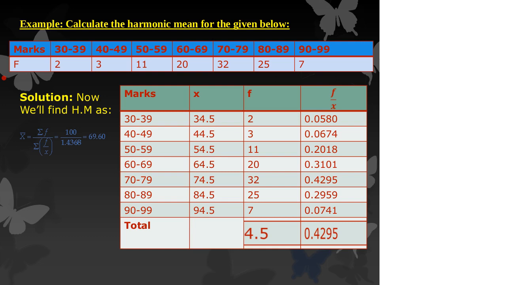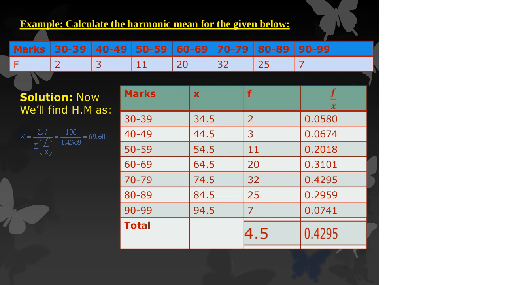So for the next class, we had the frequency as 11 and the midpoint as 54.5. Let us multiply that. 54.5 times 11.